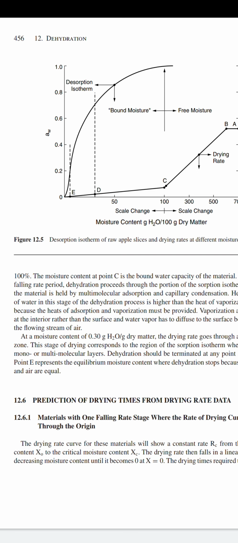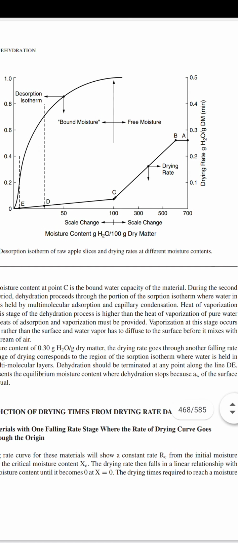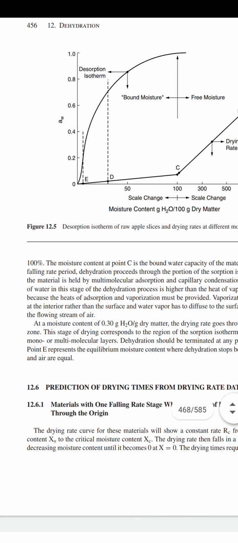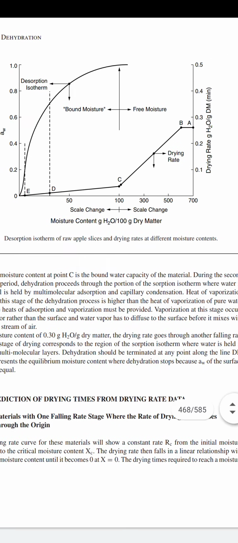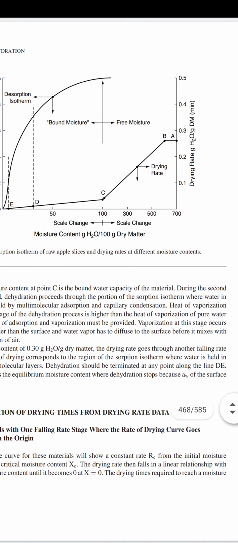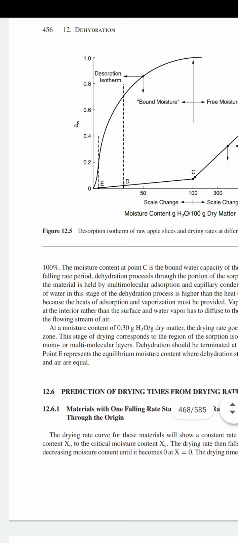At this stage, dehydration should be determined at any point along the line DE. Point E represents the equilibrium moisture content where dehydration stops because the water activity of the surface and air are equal. At this equilibrium moisture content, the dehydration of any food material will stop because of equal water activities of the drying medium and the surface of the food material.